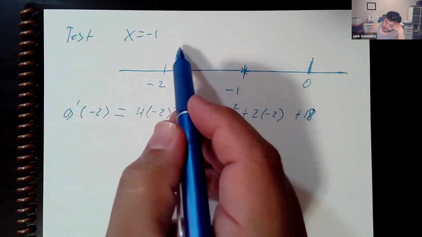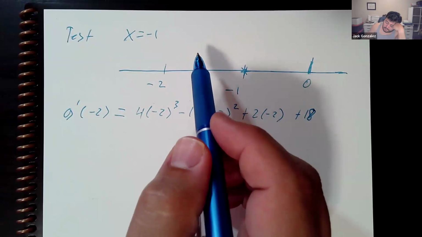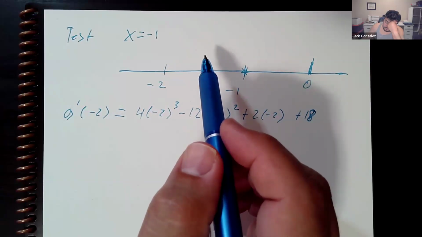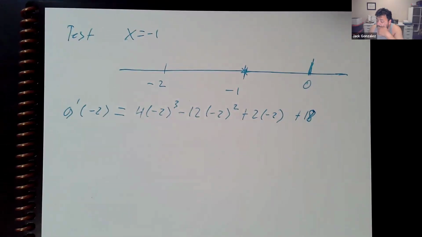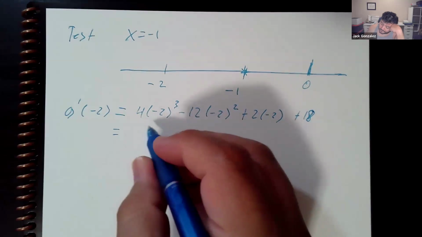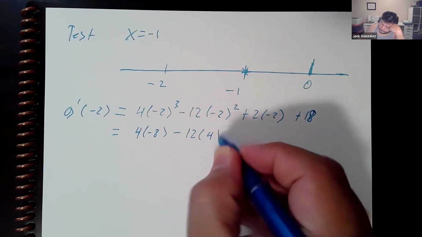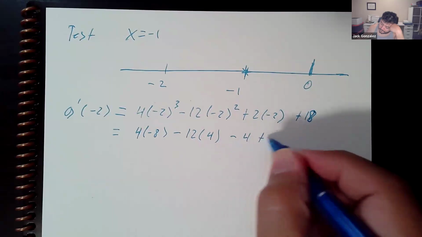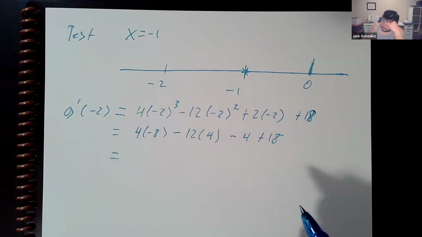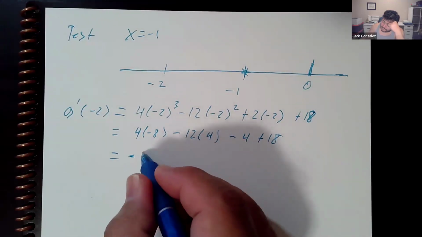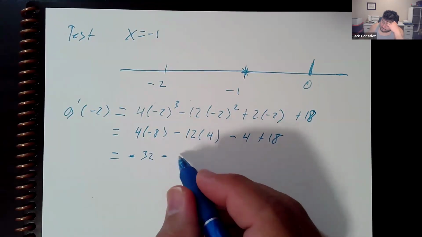Well, this will be times -8, it'll be -32 minus 24.